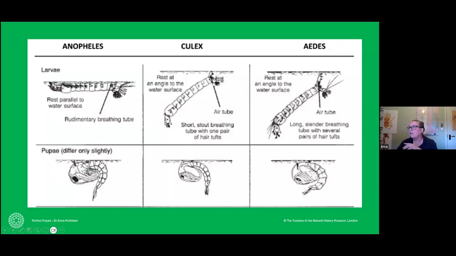And although it's very easy, I'm sorry, this slide is a bit blurred. Yeah, with the adult mosquitoes, the larval stage of the different major groups within the mosquitoes, which you would have all heard if you came to the previous talk on mosquitoes, the pupae only differ slightly.